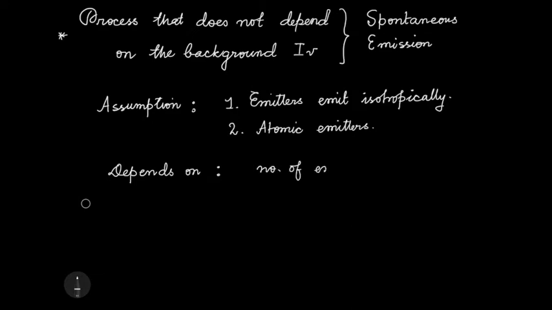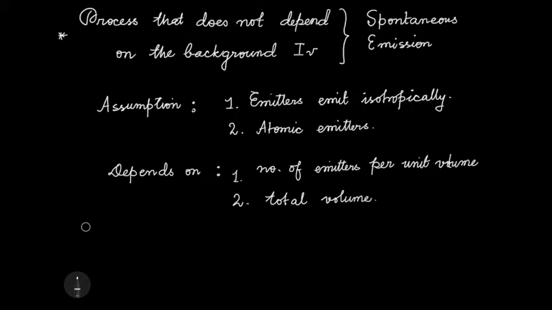Obviously, it will depend on the number of emitters per unit volume, and it will depend on what is the total volume, because then that will give you the total amount of emission that has happened. So it will depend on this and the total volume, as simple as that.